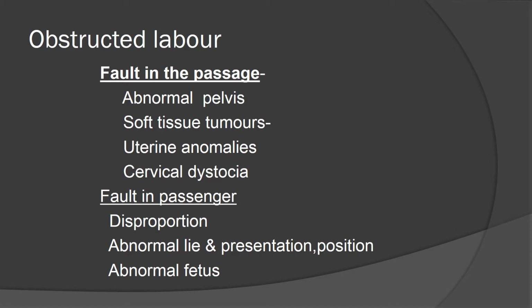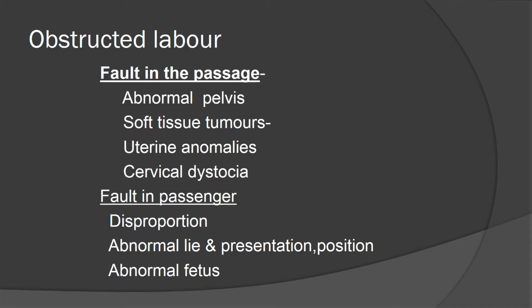It can also occur due to a fault in the passenger, like the fetus being large and there is disproportion between the head of the fetus and the pelvis, what we call cephalopelvic disproportion. Or it can be a macrosomic baby.